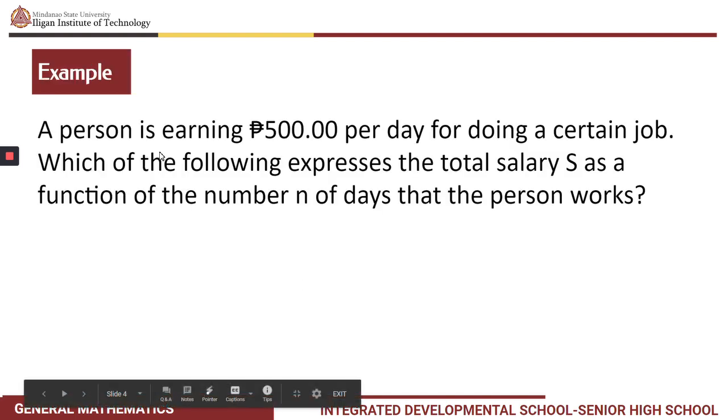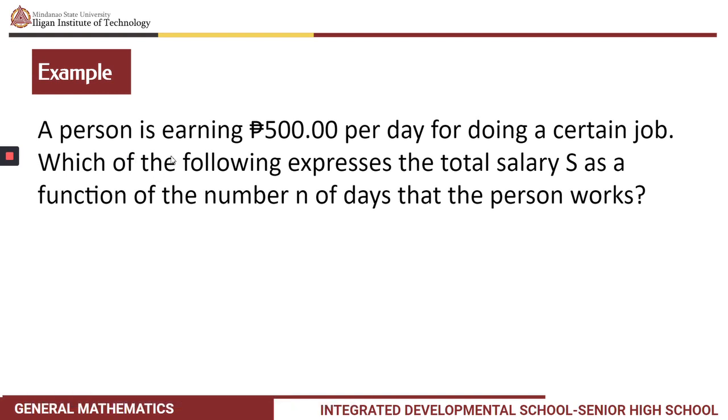Okay, say for example, we have a person who is earning 500 pesos per day for doing a certain job. Which of the following expresses the total salary as a function of the number n of days that the person works?